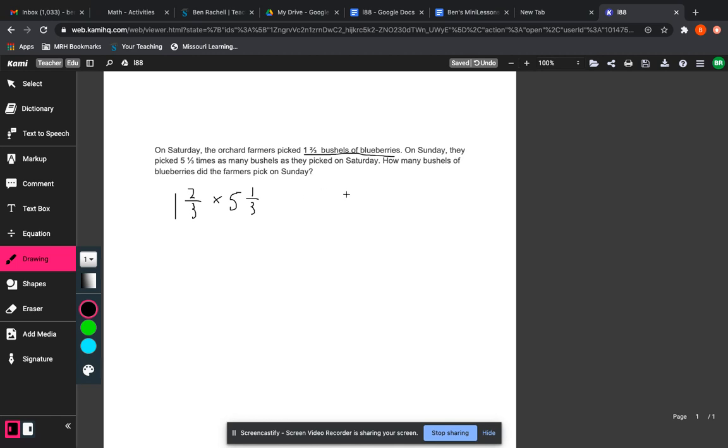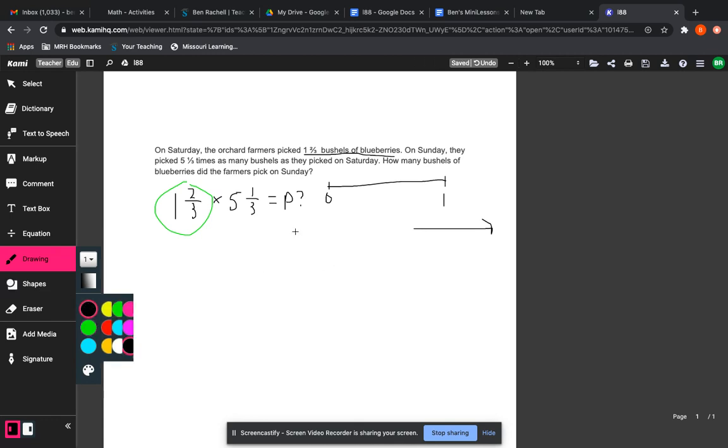So obviously, 5 1/3 falls above 1 on our number line. So that means that our product is going to be bigger than our original number, which is 1 2/3. So our number is going to get bigger after we solve this.